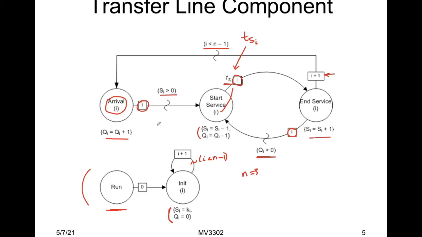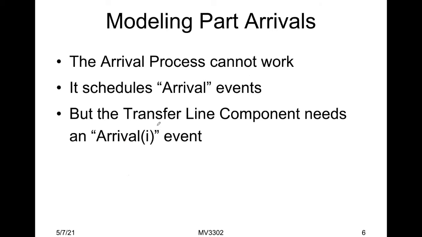If there's a mismatch in either one, it doesn't take place. So that's our problem. The arrival process can't drive this component because it schedules arrival events with no argument, but the transfer line component needs an arrival event with an argument I, which is going to be an integer.